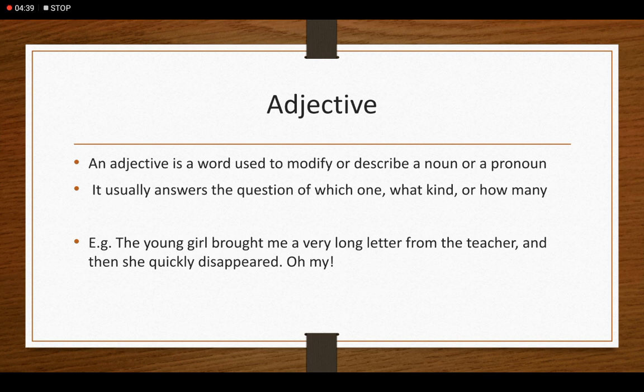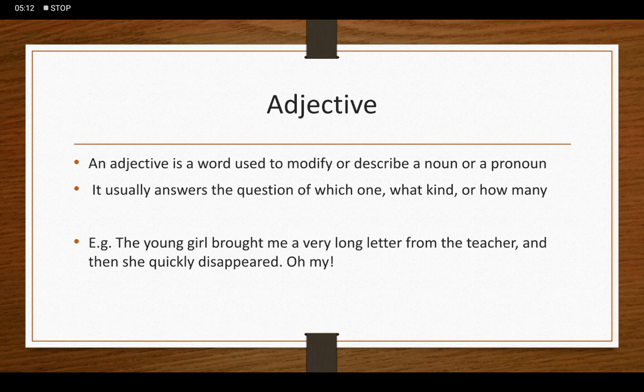Moving on to the adjective. What is an adjective? An adjective is a word used to modify or describe a noun or a pronoun. Since adjectives are describing words, they make our writing and speaking much more specific and a whole lot more interesting.